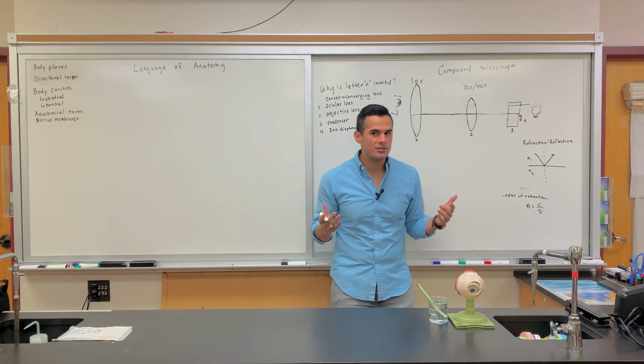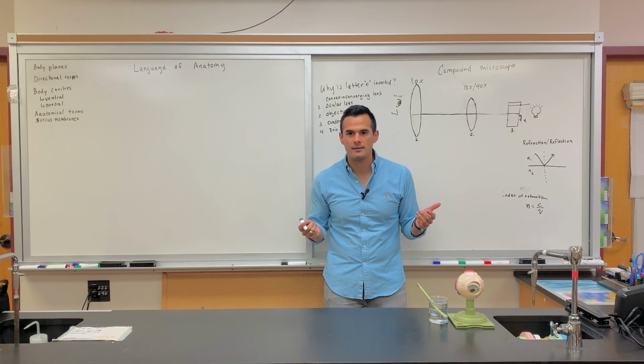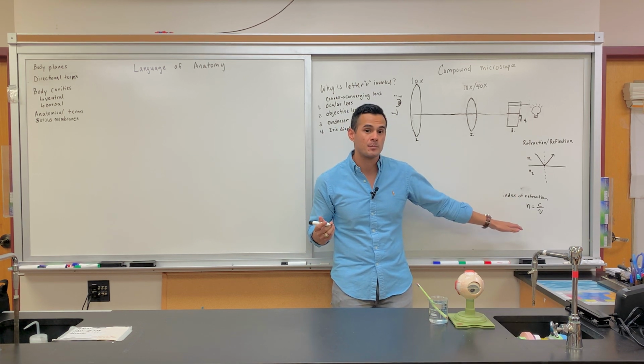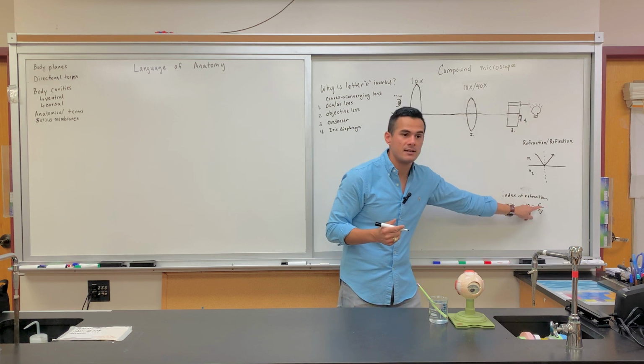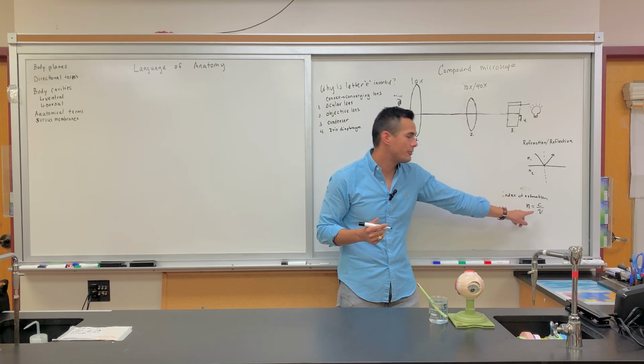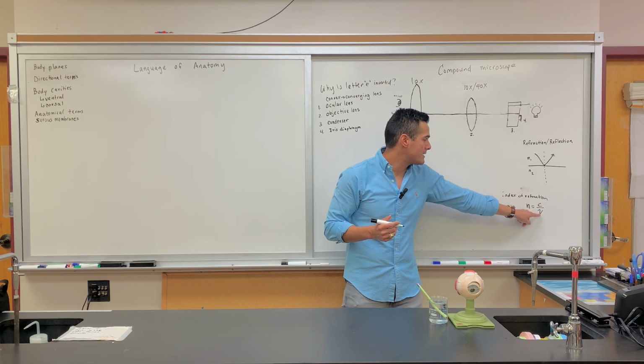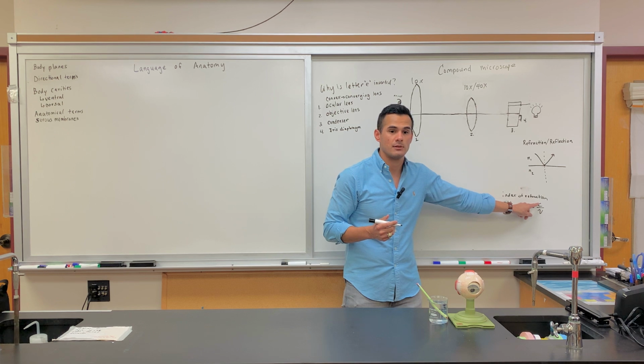Can anything travel faster than the speed of light? No. Not even like Flash, right? The superhero, right? Nothing can travel faster than the speed of light. And so if you look at this number, it's just a ratio. So the speed of light, this number is always going to be lower compared to this one, right?